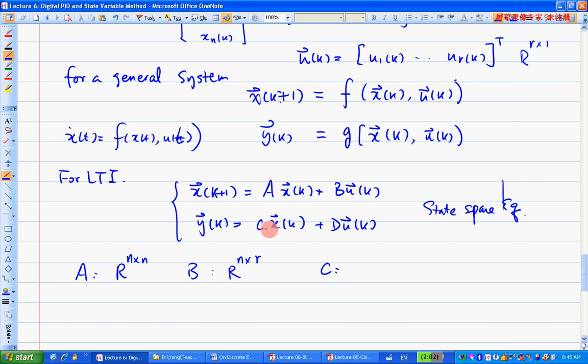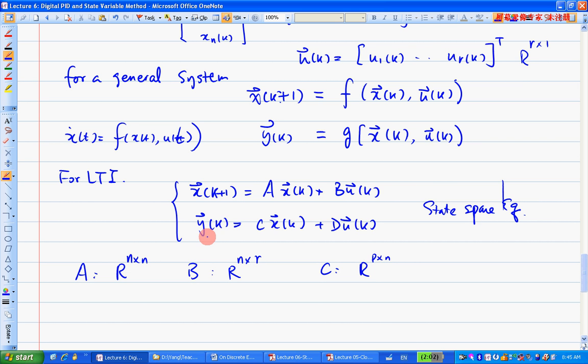The C matrix works with this. The C matrix is a so-called selection matrix, because what comes out of this expression is the output. Since x is n by 1, C is p by n.